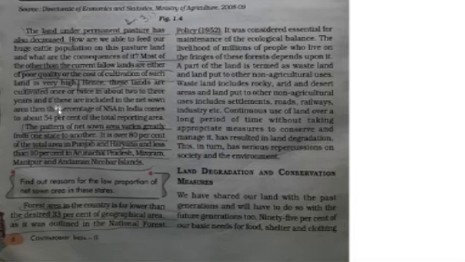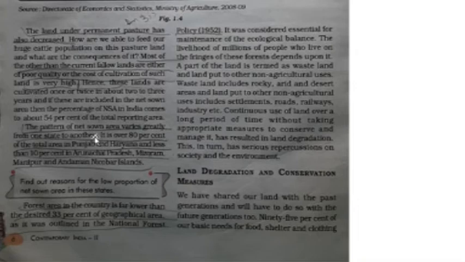Hence, these lands are cultivated once or twice in about 2 or 3 years, and if these are included in the net sown area, then the percentage of net sown area in India comes to about 54% of the total reporting area. If that area is used for 2 or 3 years, then the net sown area of India will become 54%.